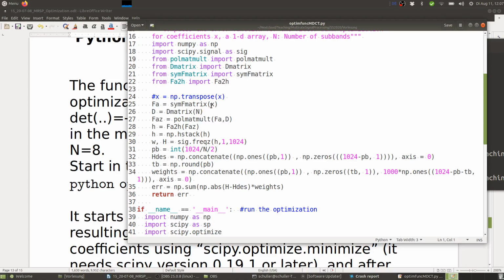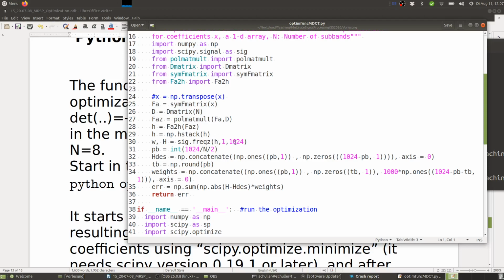So the coefficients in X, they are then 1.5N coefficients, and they make up this matrix FA because the last N half is given by this determinant equals -1 condition. And here we have the H, which is our prototype, right?